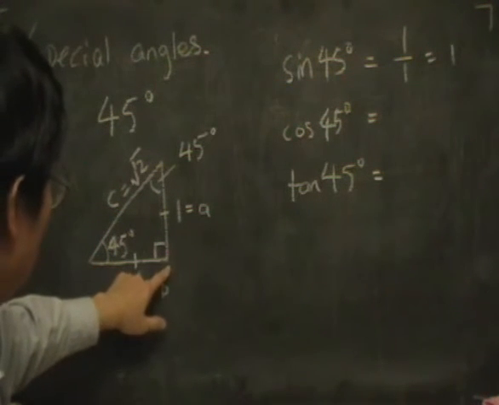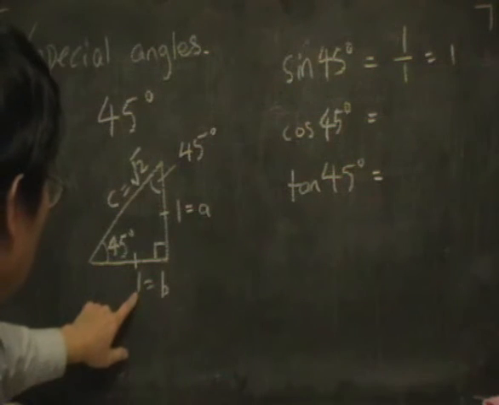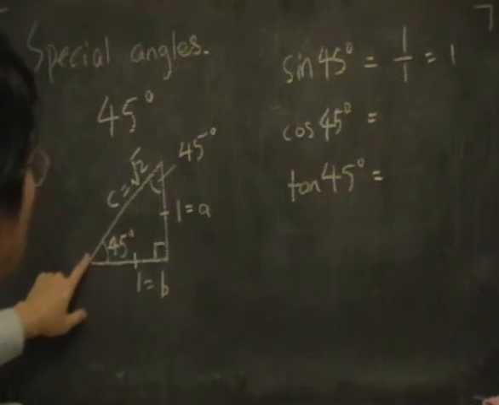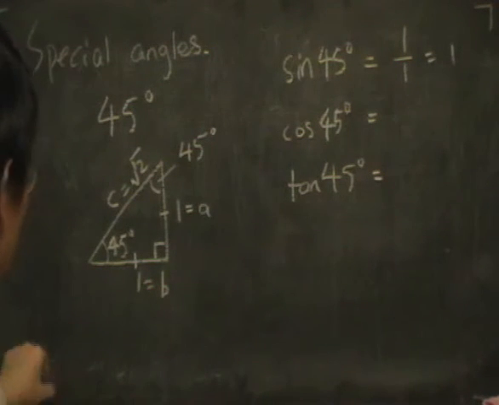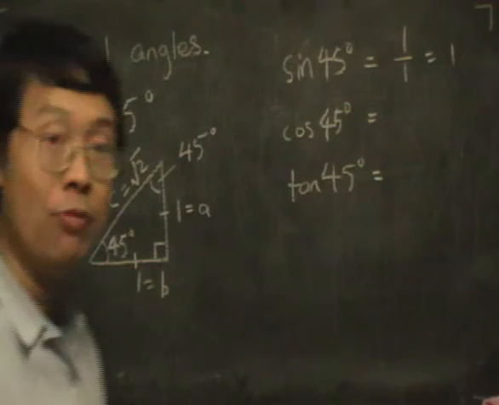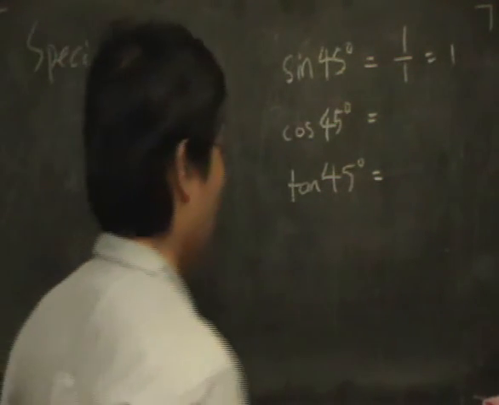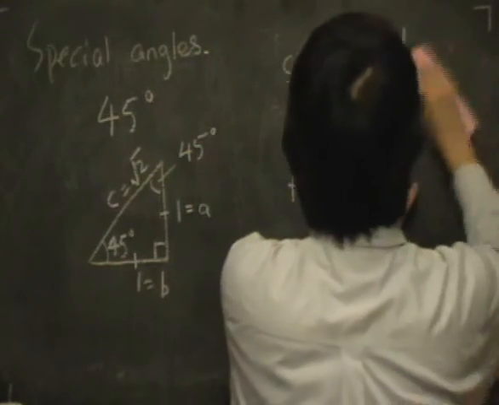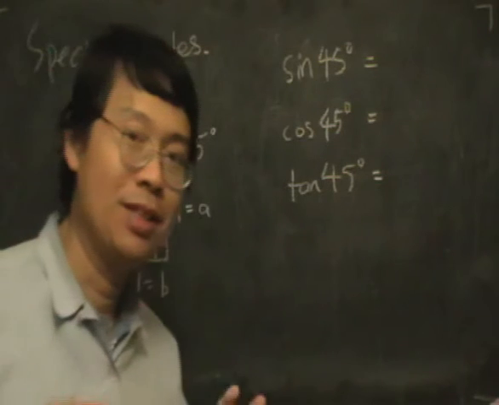That would be the adjacent side, 1 divided by the longest... Sorry, I've made a mistake here, haven't I? Sine 45 degrees. That was wrong. Let me start over.